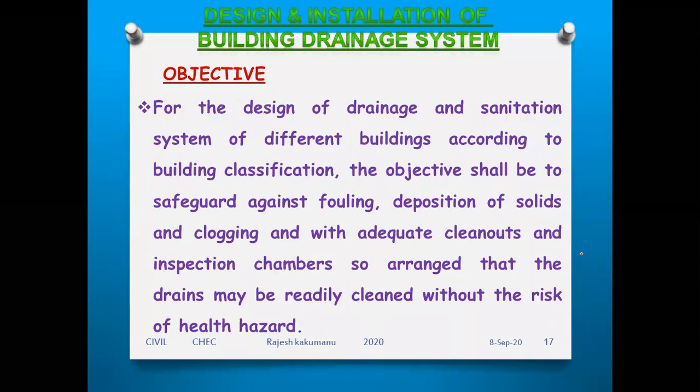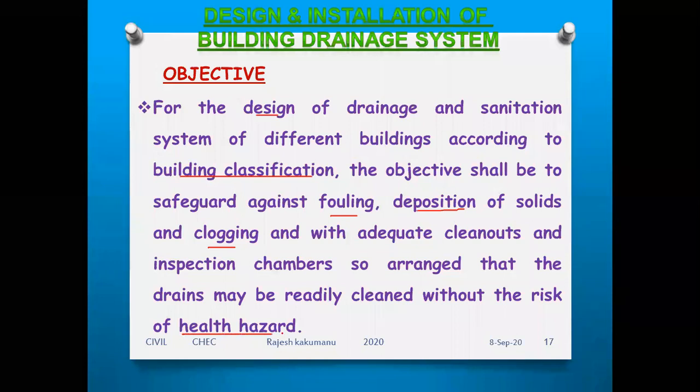Next, design and installation of building drainage system. So if we have to make a drainage system for a building, how do we design it? The main objective is the design of drainage and sanitation systems of different buildings according to the building classification. The objective shall be to safeguard against fouling, deposition of solids and clogging, with adequate clean-outs and inspection chambers so arranged that the drains may be readily cleaned out without the risk of health hazard.